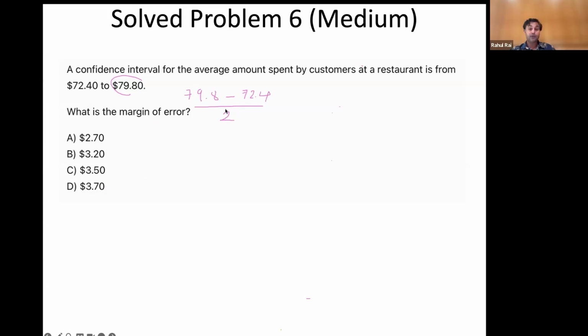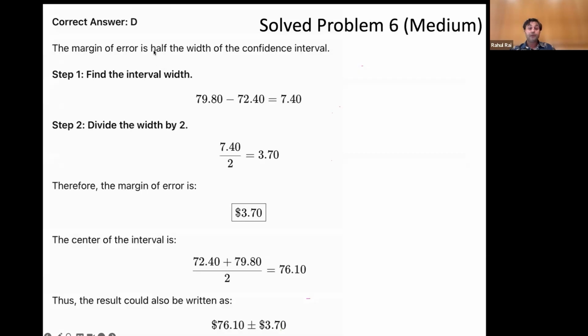Okay, so now let's look at a cleaner version of this solution. The next slide. The margin of error is half the width of the confidence interval. So that's the key idea. If the confidence interval is this, now here is your estimate. This is the plus portion and this is the negative portion. So half of this overall interval is essentially the margin of error, or MOE.